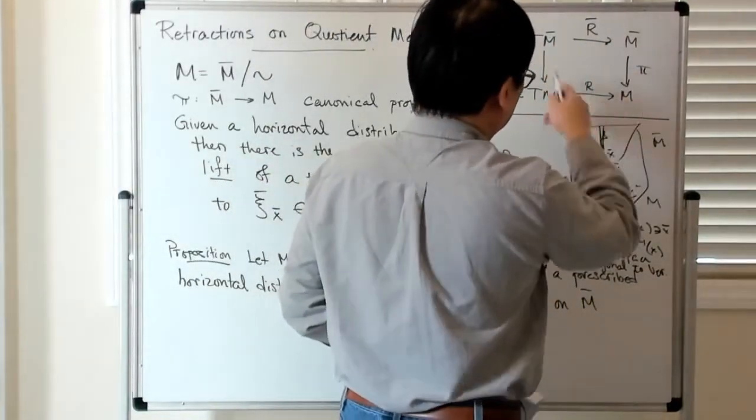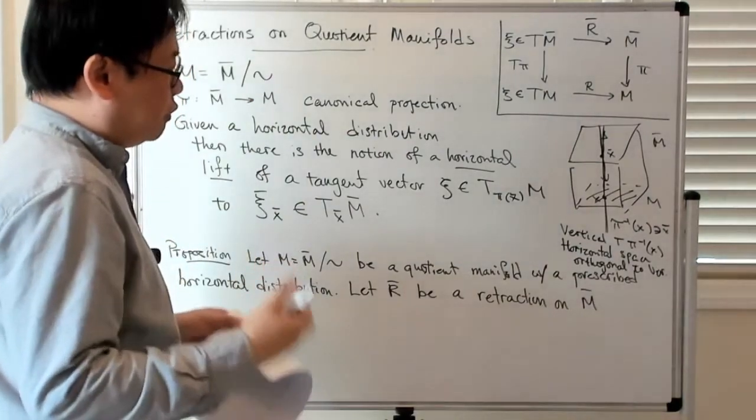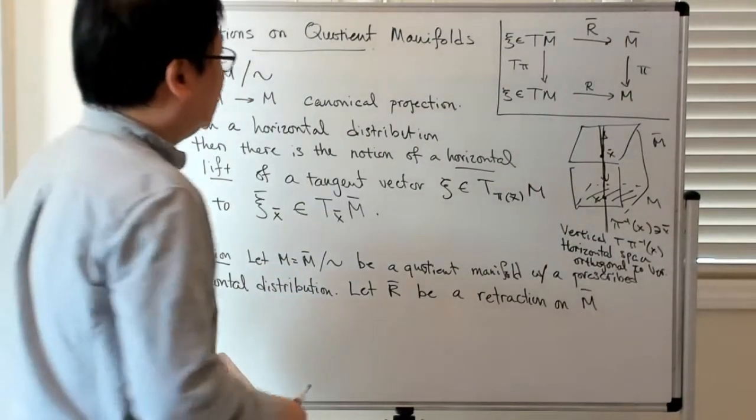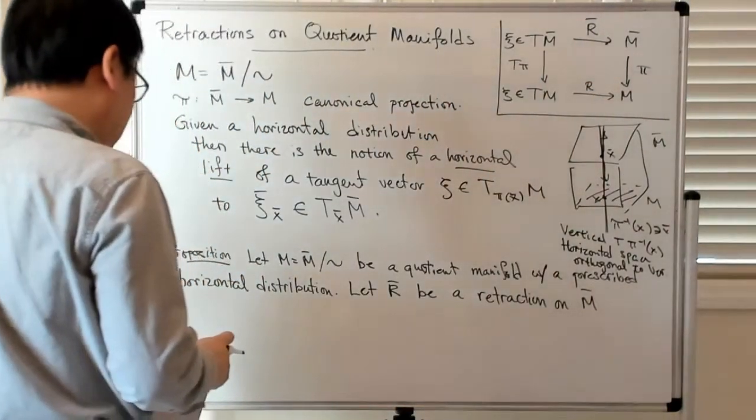The point is that in order for this to make sense, there has to be some sort of invariance property of R bar so that this is well defined, okay? So let's see how you go about doing that.